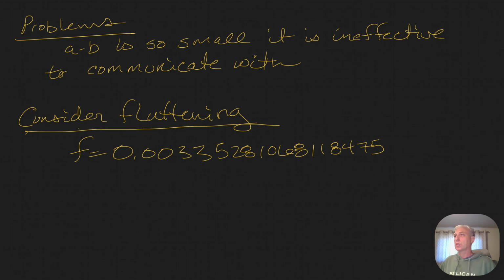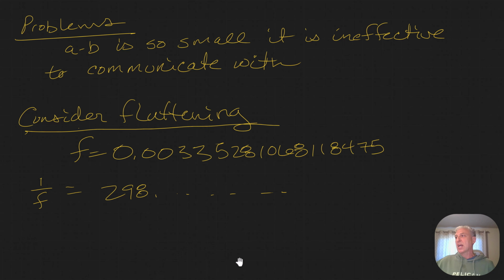So we use instead the reciprocal of that. We can say 1 over f equals, and we'll look at it in a second. For GRS 80, it's 298 point a whole bunch of numbers.